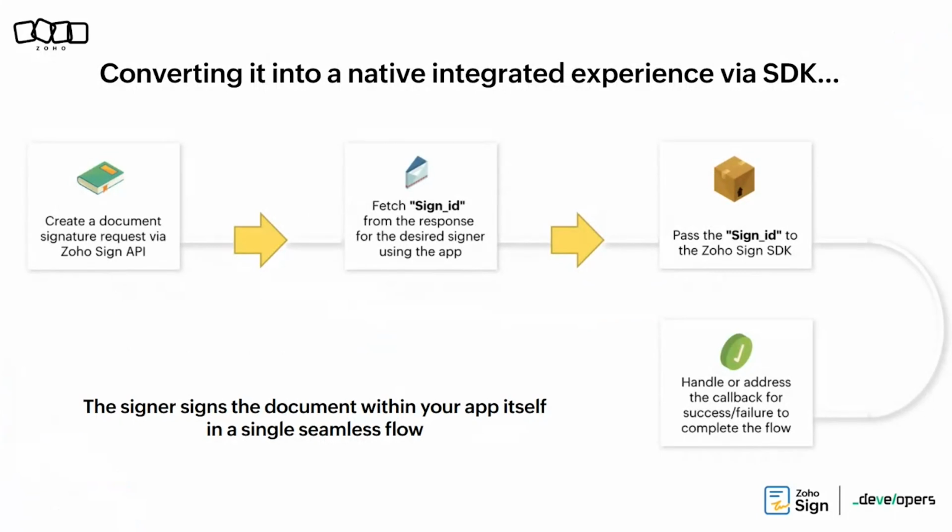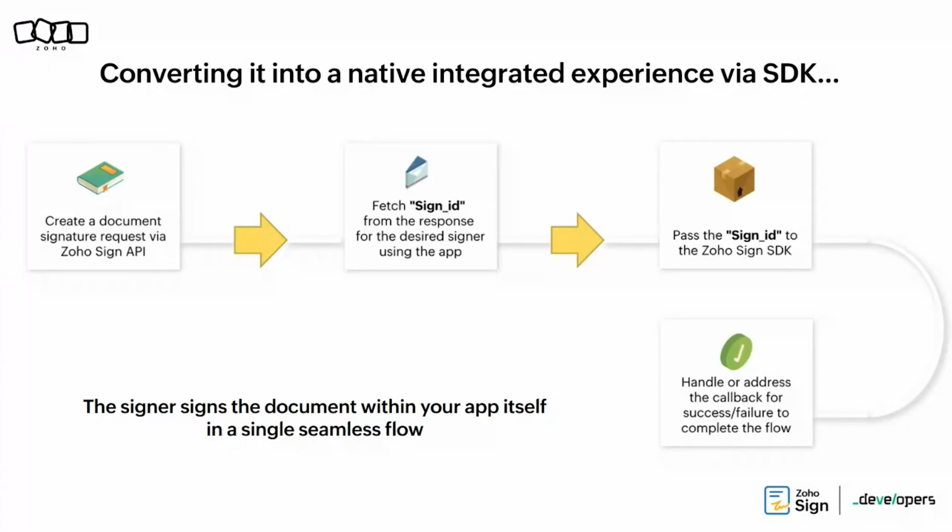So the experience, if you use our mobile SDK, would be that you create a document signature request and send it out for signature. You can get something called a sign ID from the response of the API call. If you pass that sign ID to the Zoho Sign SDK, we load the particular signing page, or rather the signing experience, within your own application without the signer going back to the mailbox to sign the document.